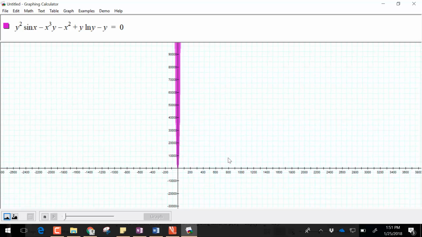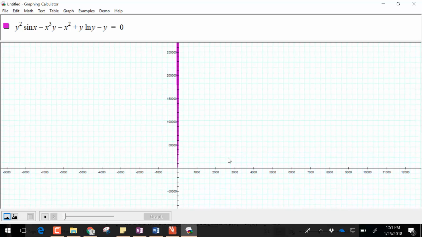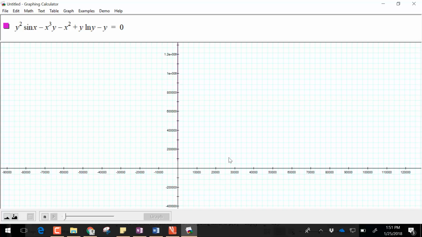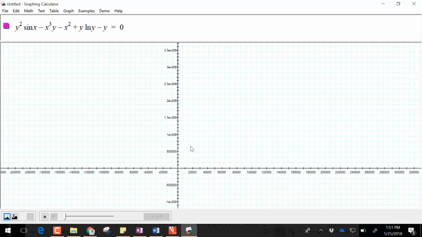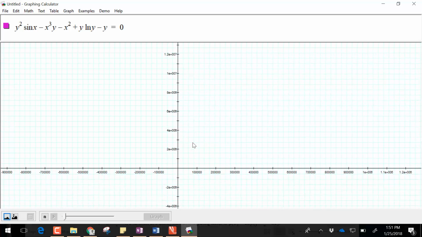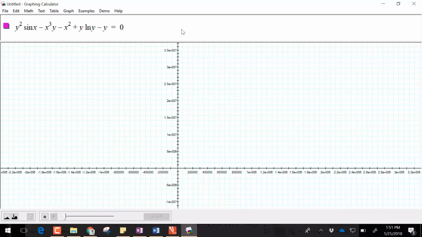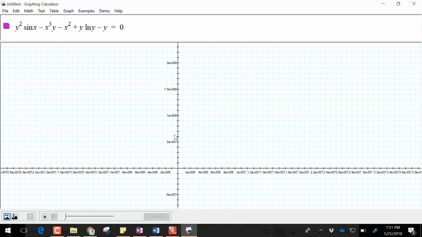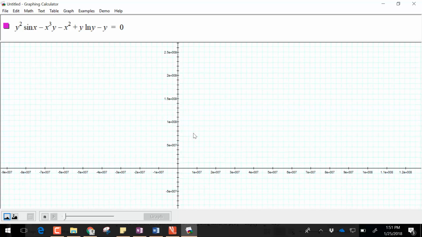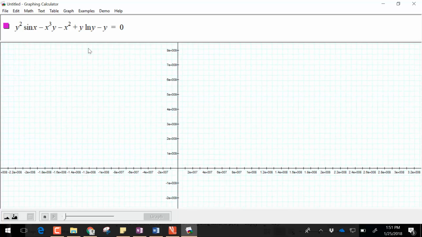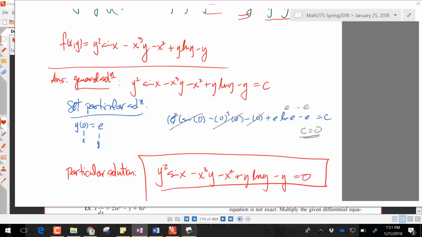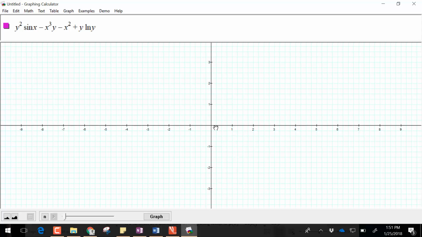What's happening? Stop. It doesn't though, because the first curve looks like it's still going. What is it? Control C, break, escape. Oh no. Oh, there it goes. Whew.